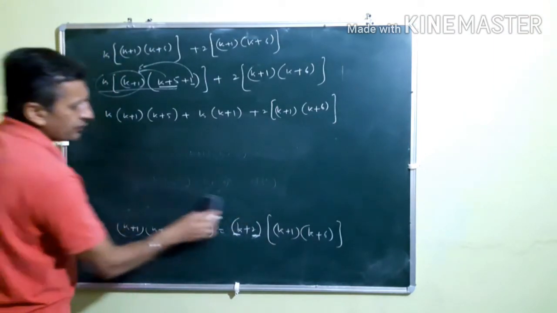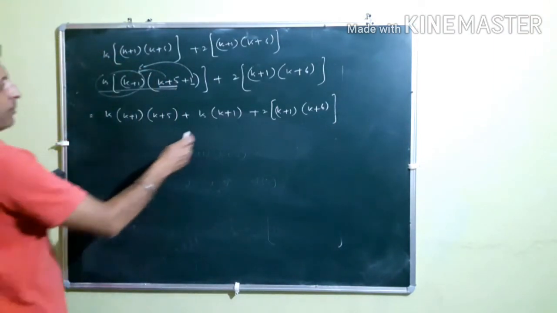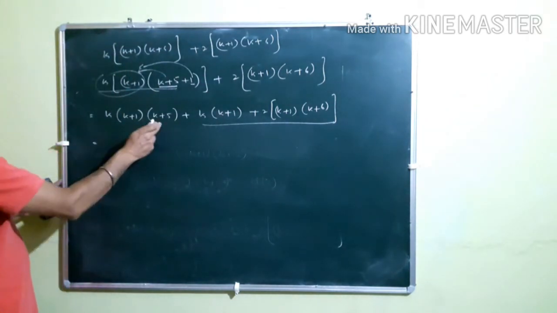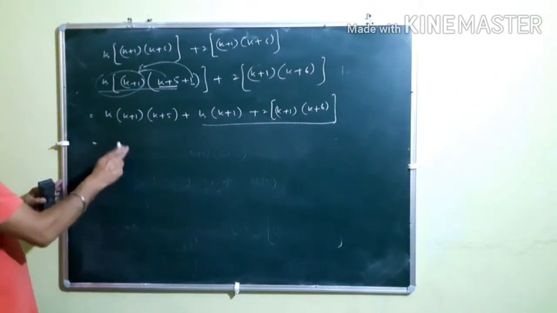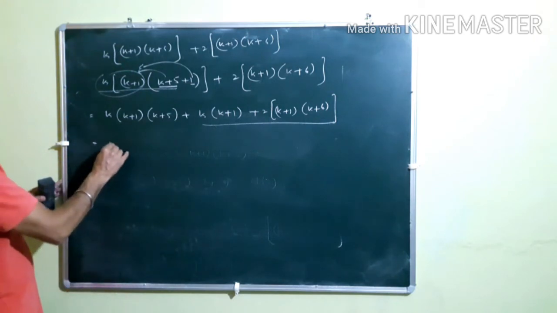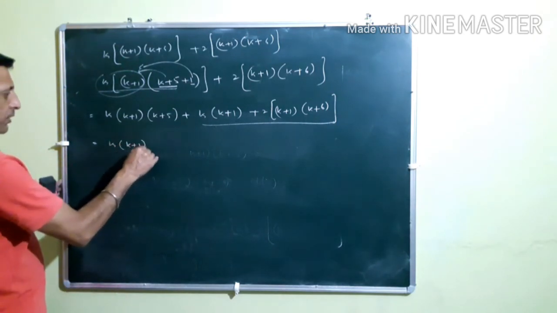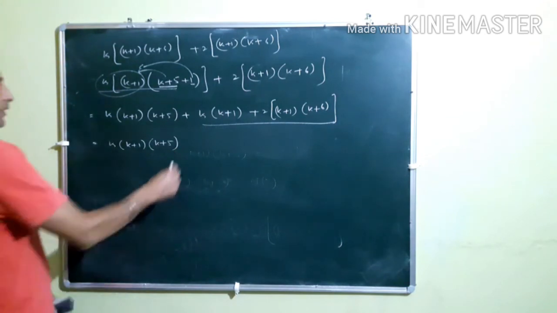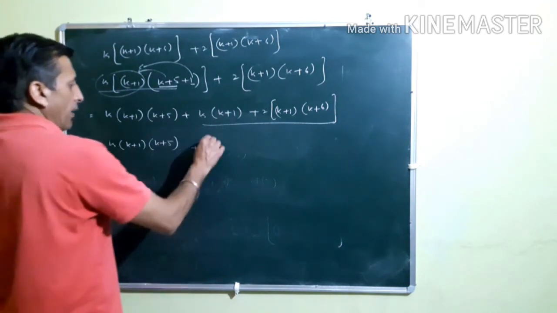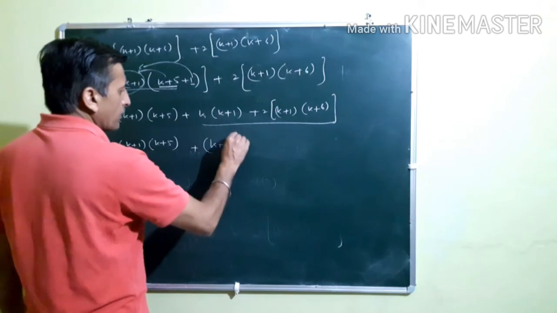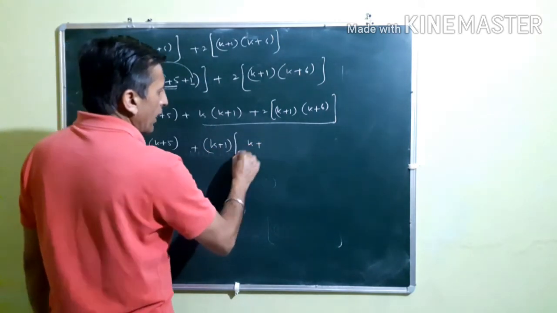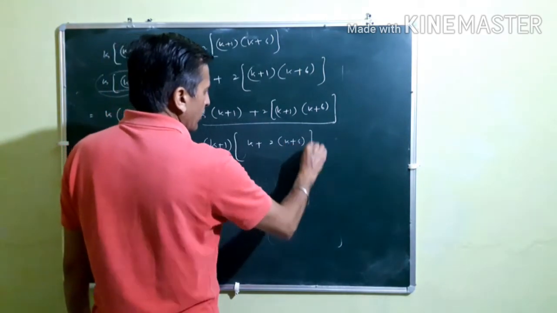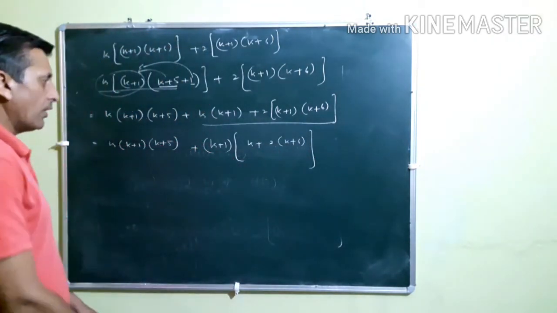After this, you see k plus 1 is common from these two terms, and this is now that concept that is in step number 2. That's k into k plus 1, k plus 5, and you know this is a multiple of 3, as we saw in step number 2. I am taking k plus 1 as common from here. See, from here k plus 2 into k plus 6 means 2k plus 12.